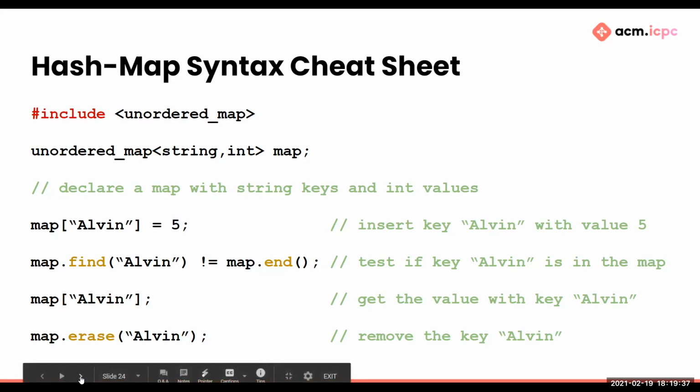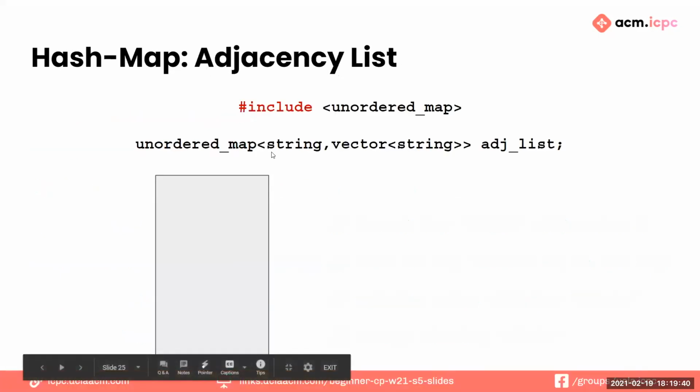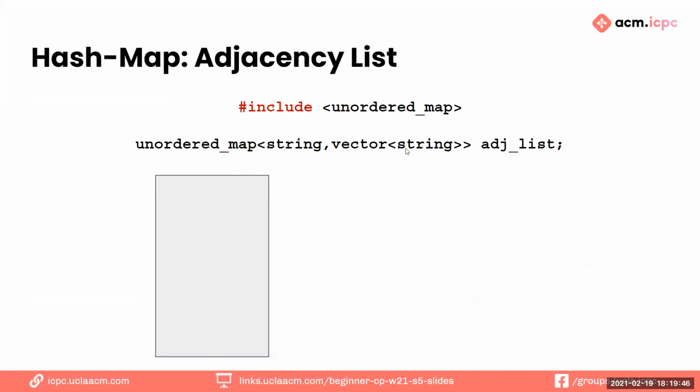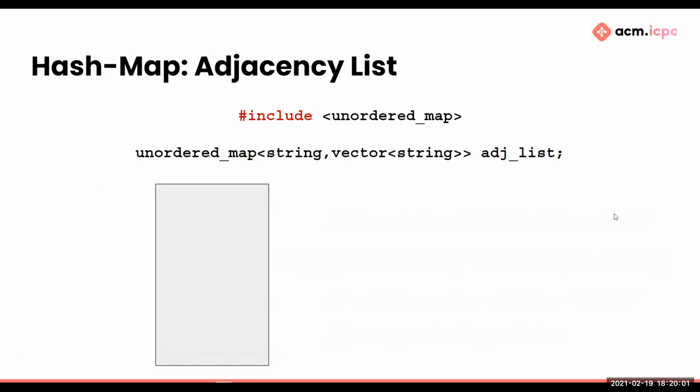Well, as I talked about earlier when I was answering the question, you can have your value be a vector of values, essentially. So, for example, if I wanted to have a graph where every node was represented by a string value, I could do an unordered map with the key being a string and then the value being a vector of strings.